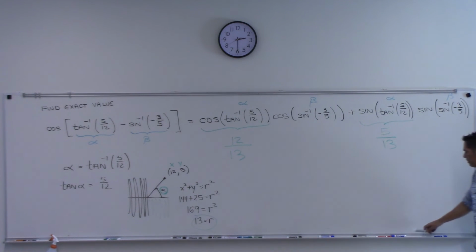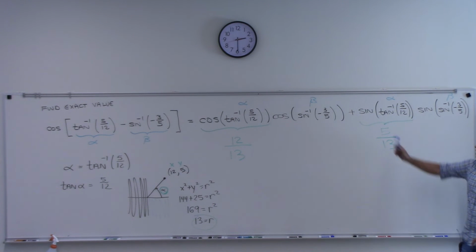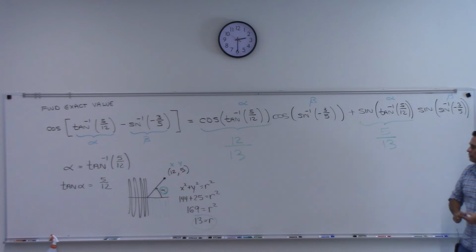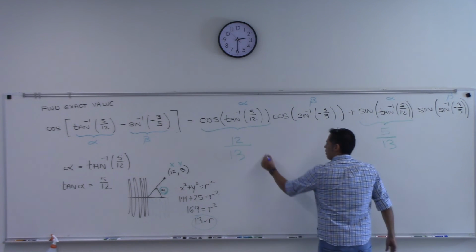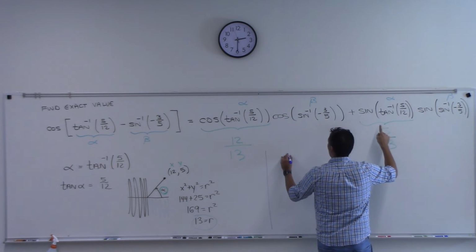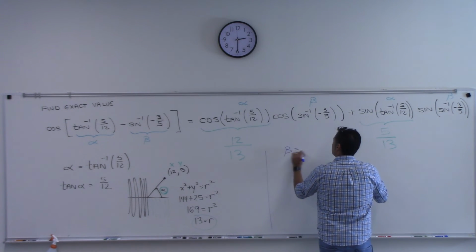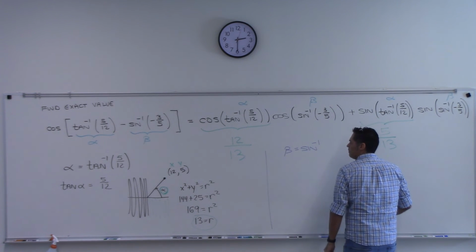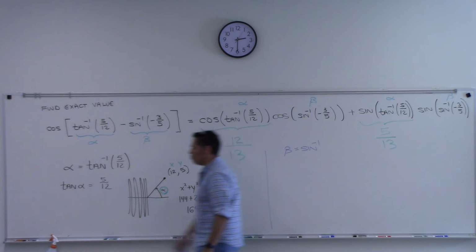What's left now for me? I need to figure out what's going on with beta. So I'm going to play the same game and draw another picture. Here's what I know about beta: beta is equal to sine inverse. I'm kind of getting in my own way over here.